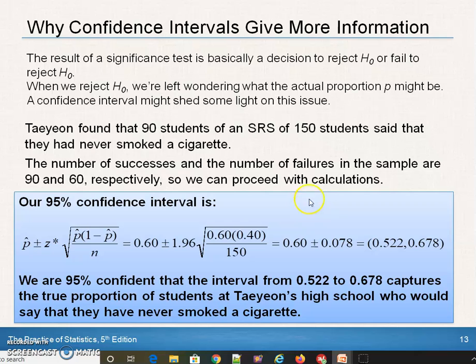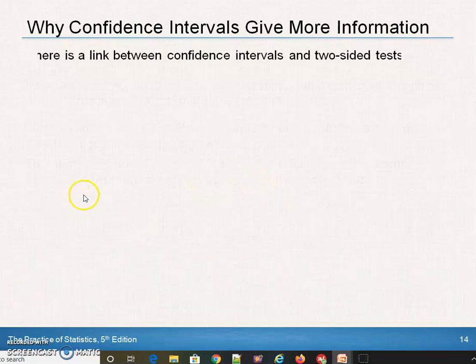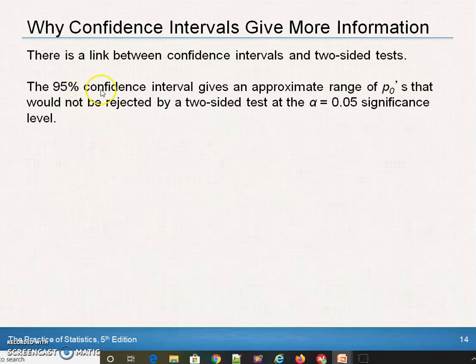So not only do we say, okay, the 90 out of 150, the two-sided test is really the same as this 95% confidence interval, with alpha being 0.05.